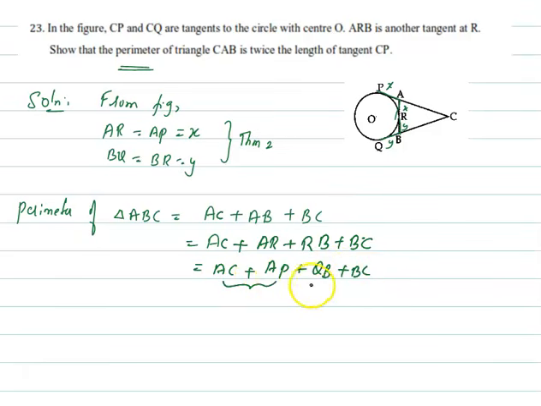By grouping these, AC plus AP will be equal to CP, and QB plus BC is equal to QC. Again from theorem 2, we all know the length of QC and the length of CP are equal. Therefore QC plus CP, that is equal to 2 times CP. This is the answer for question number 23. Quite tricky. You have to practice more to get clarity in this particular problem.